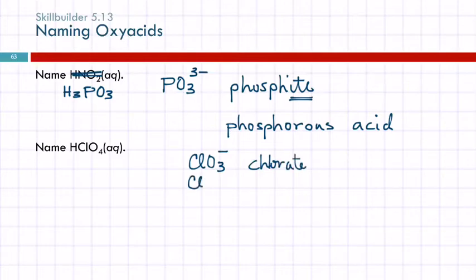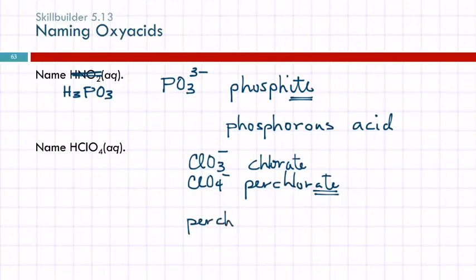And what we've got here is ClO4-, that's perchlorate. It's got an extra oxygen. So this ends in "ate." What do we change that to? "Ic." So this is perchloric acid. Any questions?